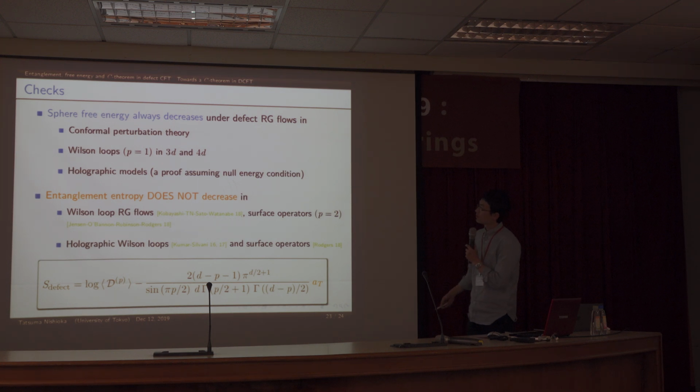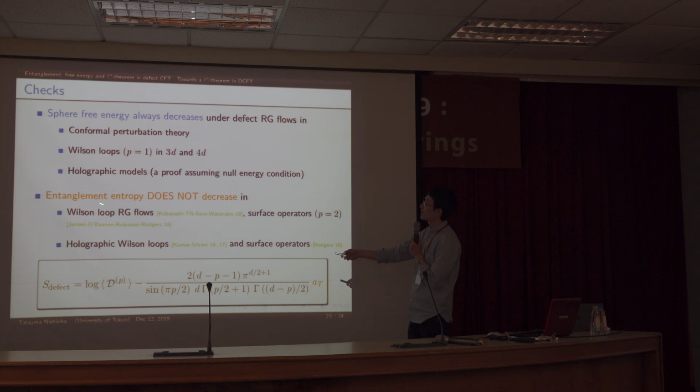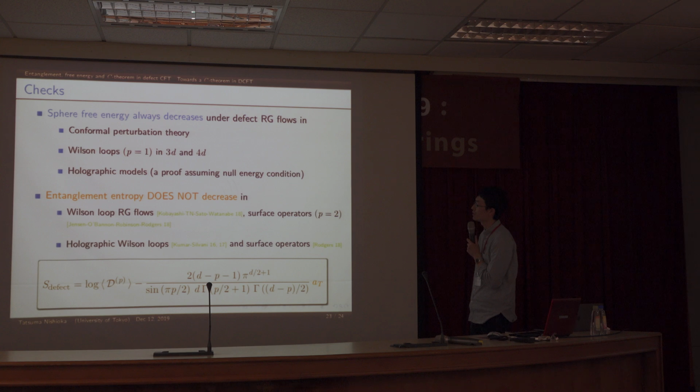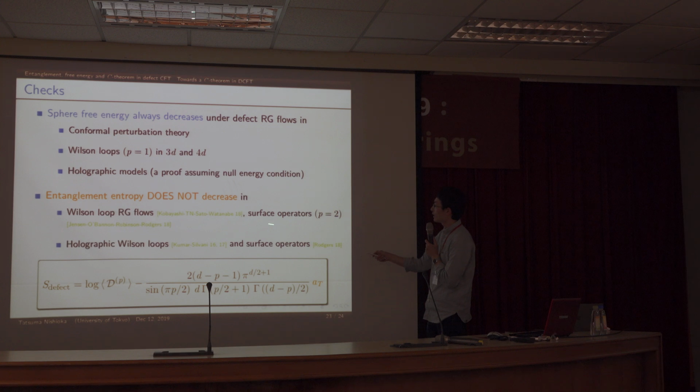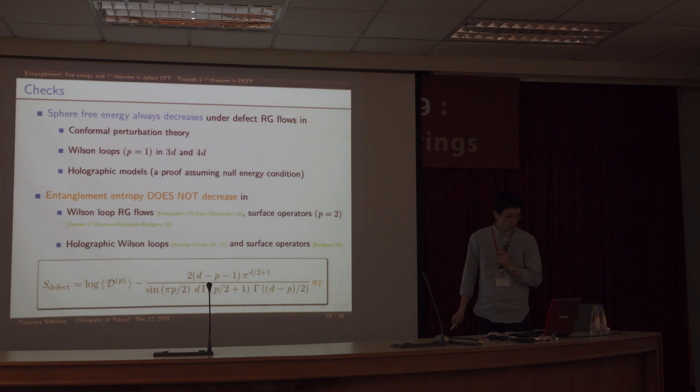On the other hand, for entanglement entropy, there are some counterexamples for using it as a C function. Entanglement entropy does not necessarily decrease under defect RG flow. There are several counterexamples we found, and other people also found counterexamples as well.